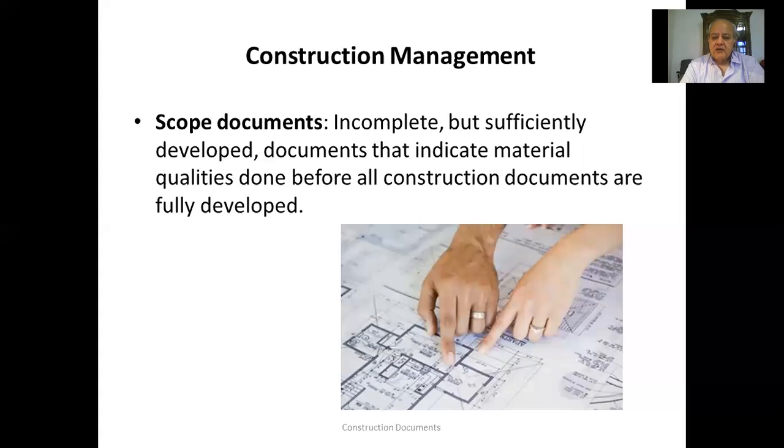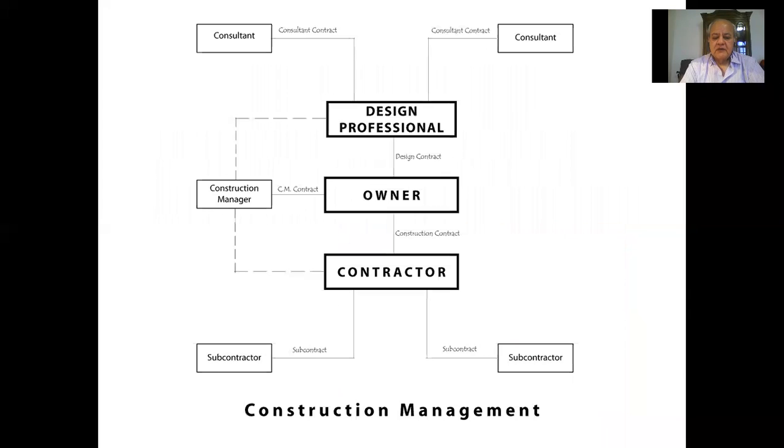So scope documents are incomplete but sufficiently developed documents that indicate materials, qualities, before construction documents are fully developed. This allows you to select the project manager and early award.